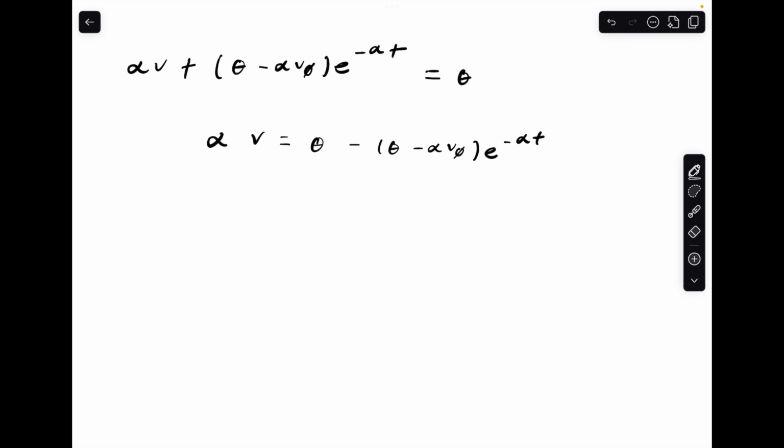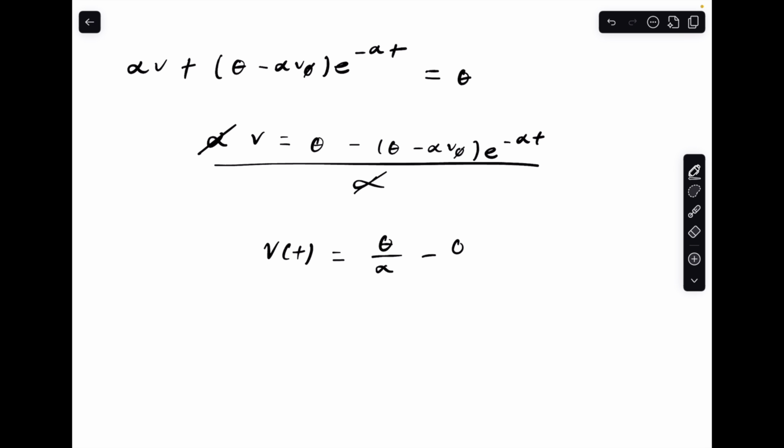I really don't feel like simplifying this, so I won't. So now the last step is just to divide the whole thing by alpha. So alpha will cancel here, and I get v of t is equal to theta divided by alpha minus theta minus alpha v naught divided by alpha, times e to the negative alpha t.